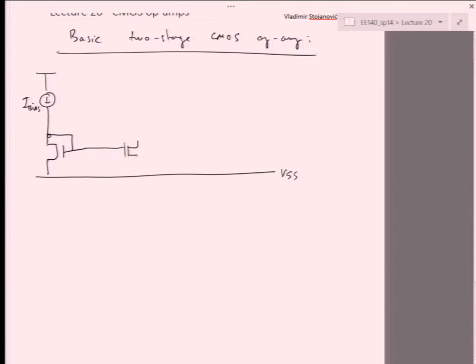In the op-amp, we're going to have the input stage, which is our differential pair, and then we're going to use the active load current mirror.